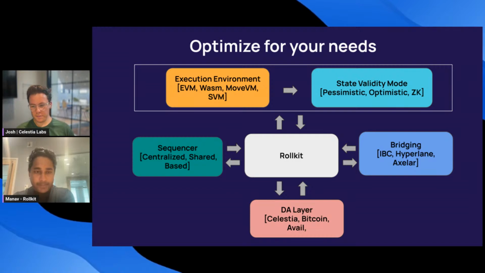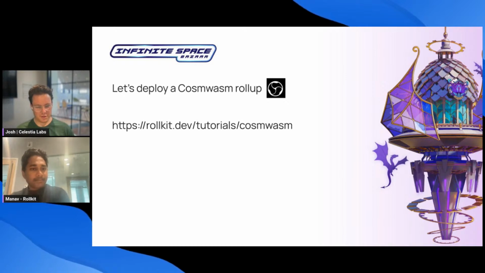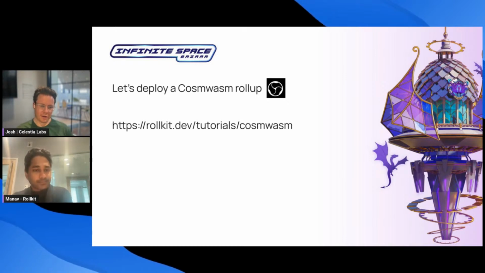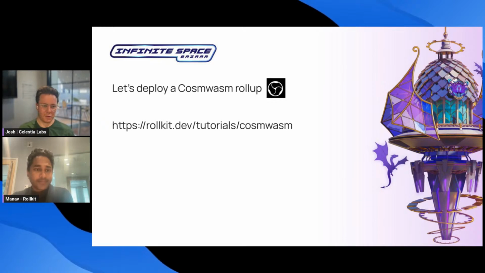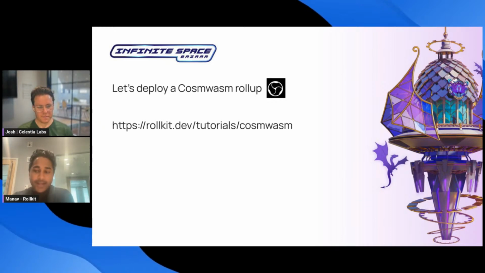So you could also take something like Osmosis, just as an example, and turn that into a rollup using Rollkit, right? Yeah, it works with existing Cosmos SDK chains, or if you build a Cosmos SDK chain, you could use Rollkit as basically the consensus mechanism. Exactly.